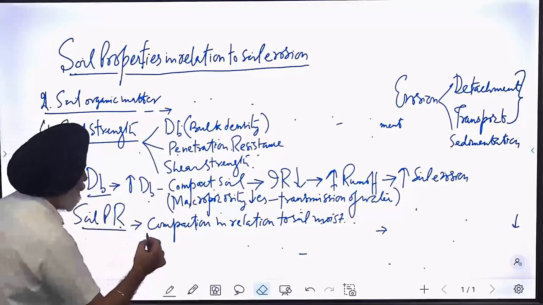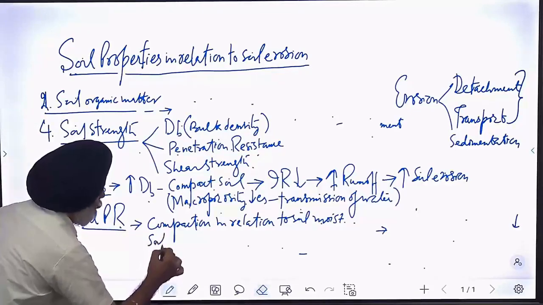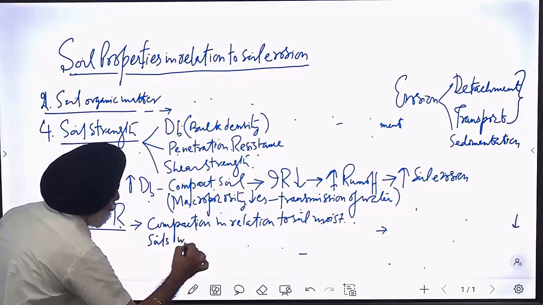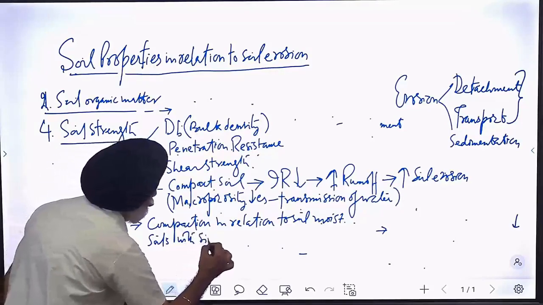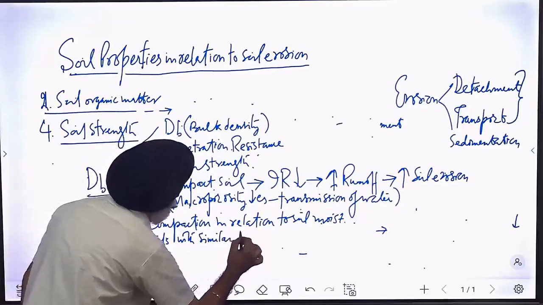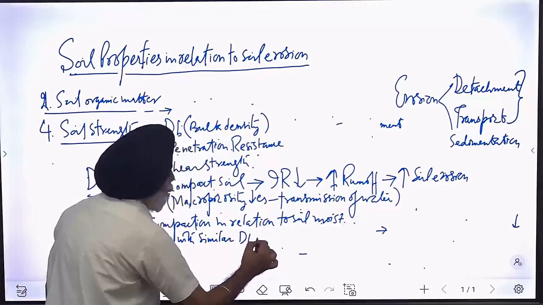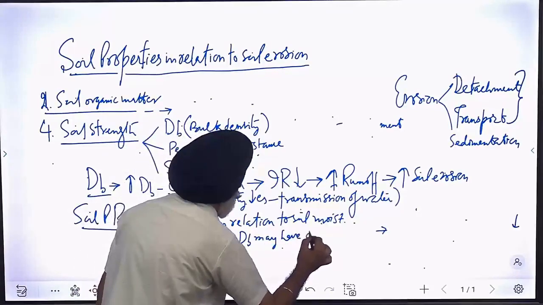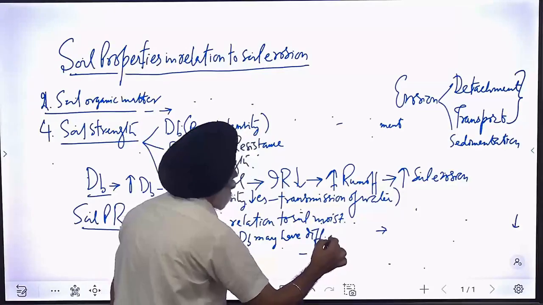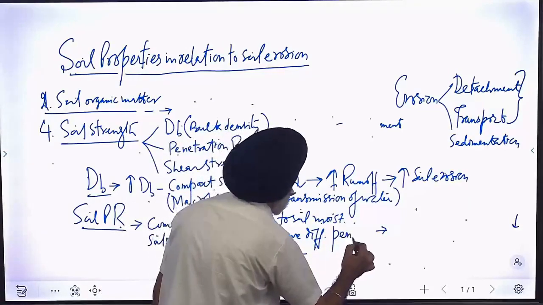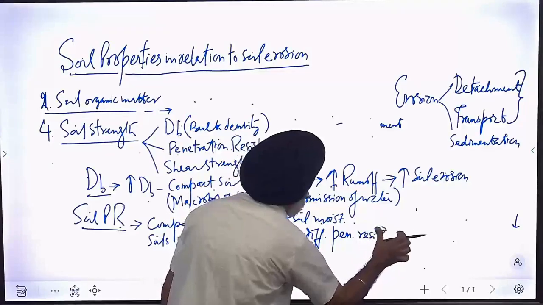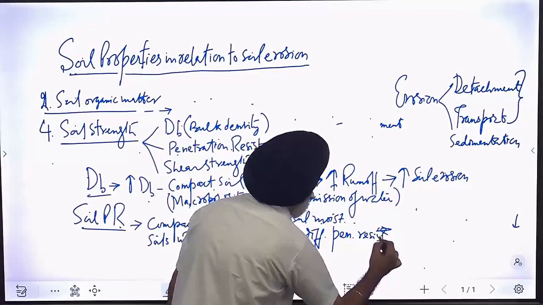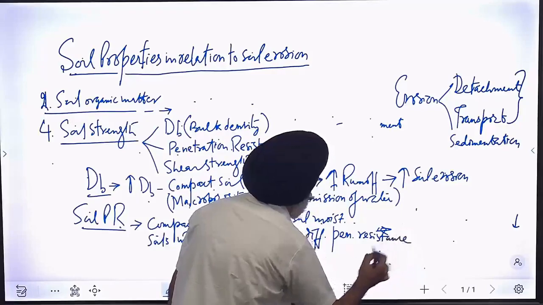So, I am going to write this, which is very important: soils with similar bulk density may have different penetration resistance. Why?